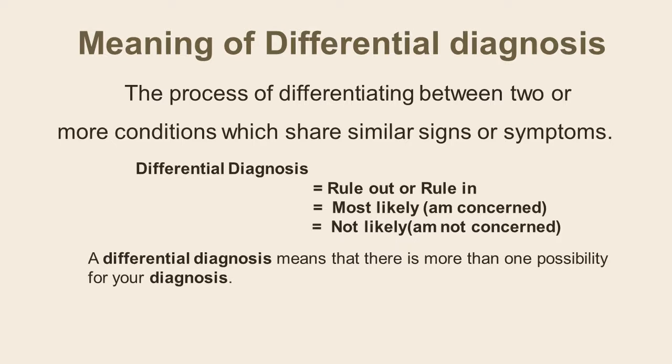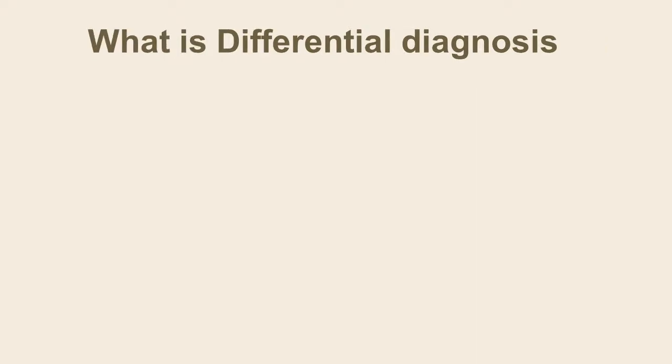Differential diagnosis means that there is more than one possibility for your diagnosis. That means you're not relying on one checklist, you're not relying on one particular standardized tool. What is differential diagnosis?